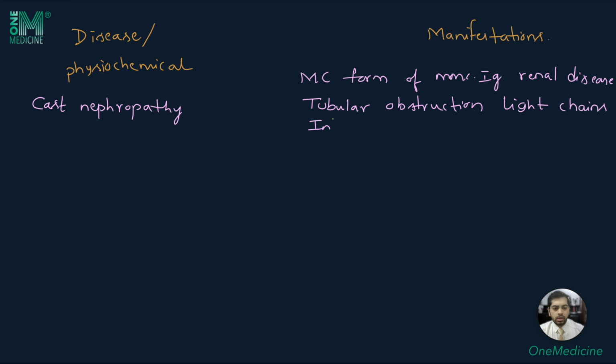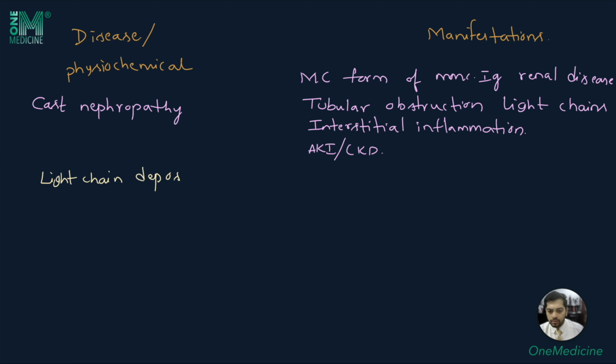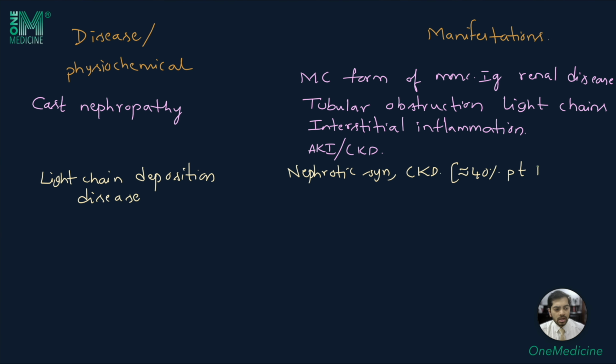It is also associated with interstitial inflammation on biopsy, and patients can present with AKI or even chronic kidney disease. The next is light chain deposition disease. This presents as nephrotic syndrome and even chronic kidney disease, and approximately 40% of the patients with light chain deposition disease have myeloma.